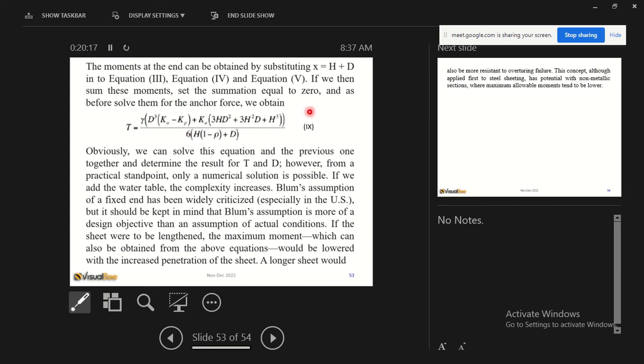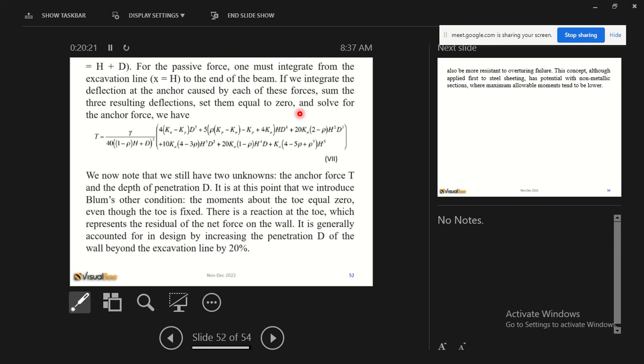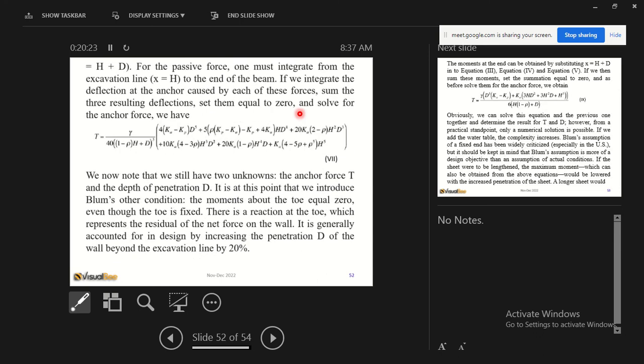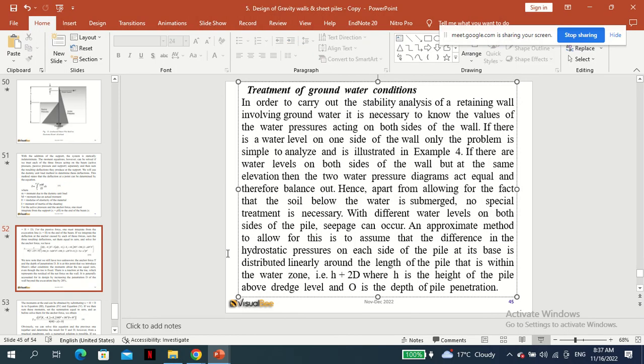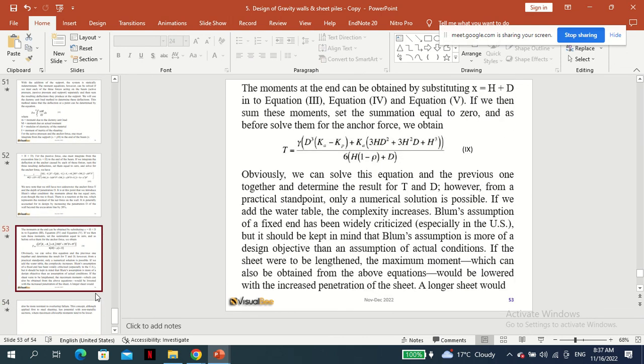this equation. I think the numbering is wrong, so this should be equation 8.